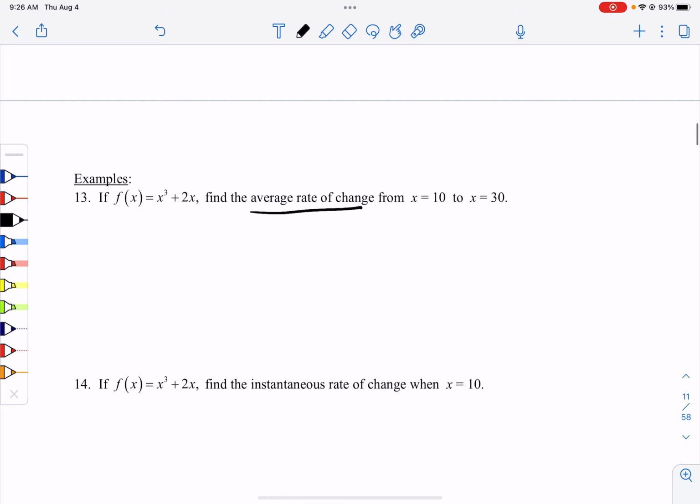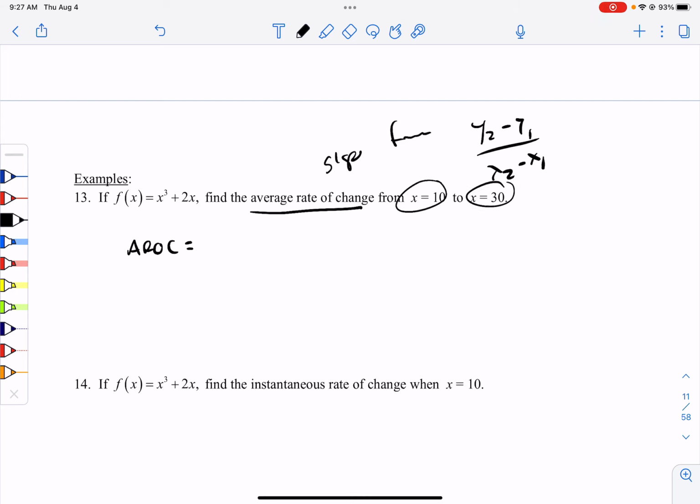Okay, average rate of change, that's my slope formula: y2 minus y1 over x2 minus x1. I've got my x values, but I need y values. So f of 10 is equal to 10 cubed plus 2 times 10. 10 cubed is 1,000 plus 20, so that's going to be 1,020.